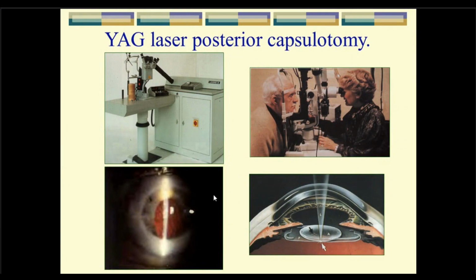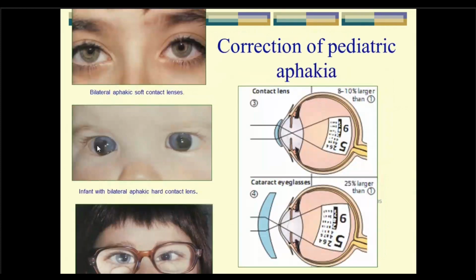On this picture, you see the same method, but using the phaco machine. After removing the lens, it's necessary to implant an intraocular lens into the eye.